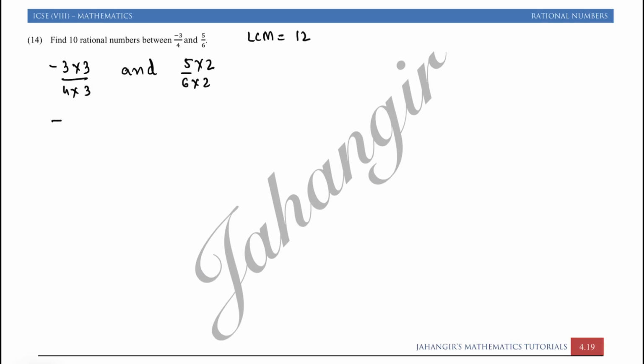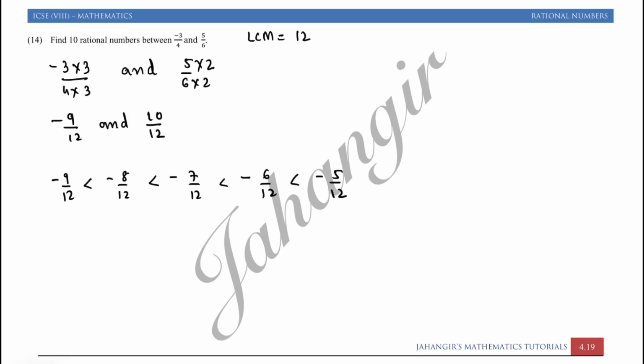So I get -9 upon 12 and 5 2s are 10 upon 12. So I can start from -9/12 less than -8/12 less than -7/12 less than -6/12 less than -5/12 less than -3/12. Anything you can put, less than 0, because 0 comes after that.